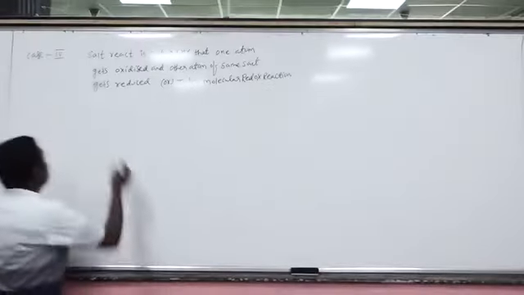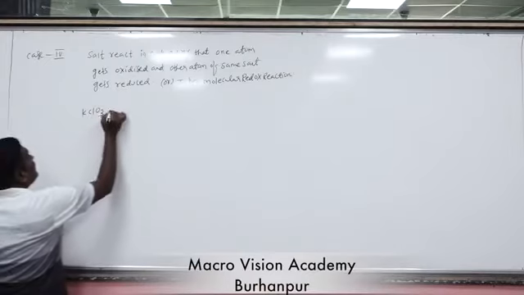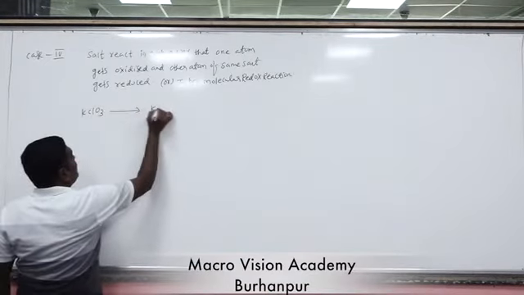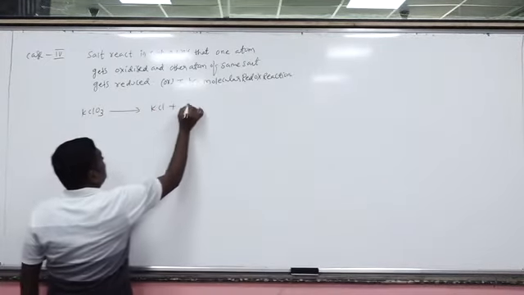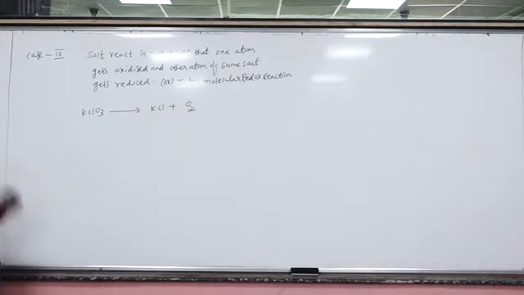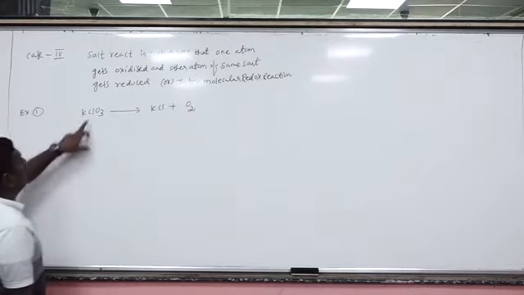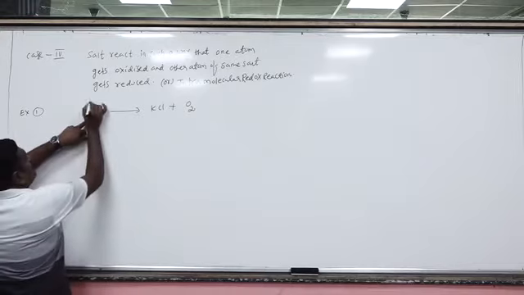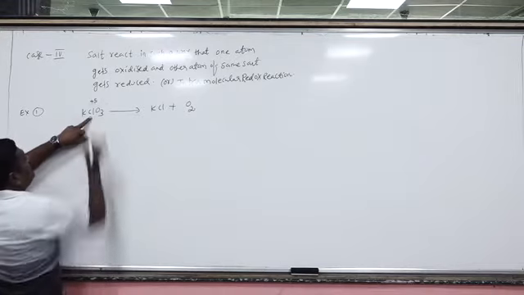Okay, let's suppose potassium chlorate changes into potassium chloride and oxygen. In this reaction, if you see the oxidation state of chlorine here, it is +5.